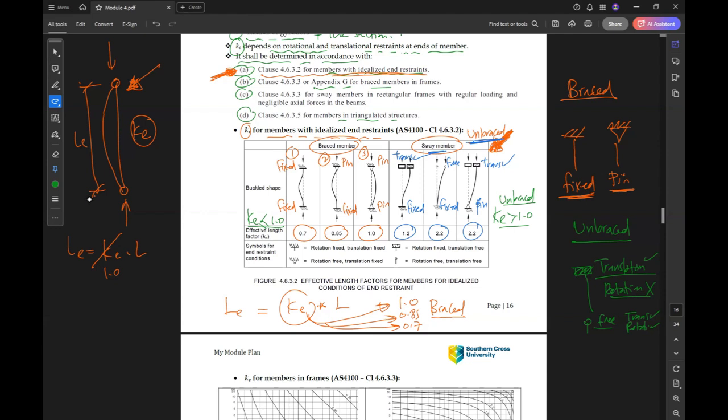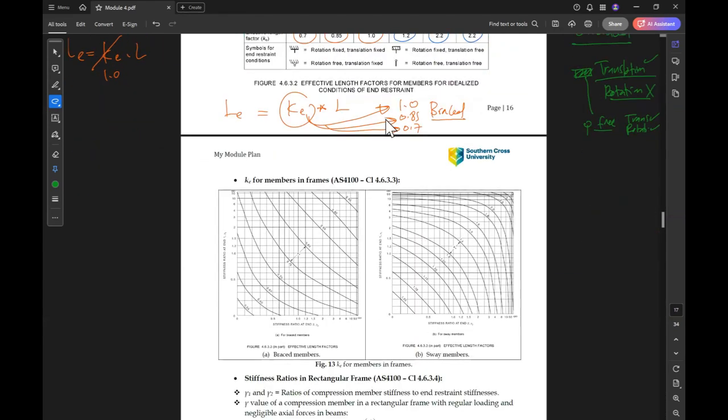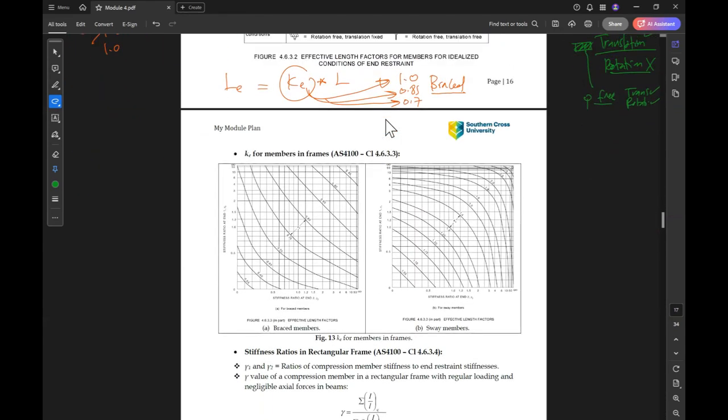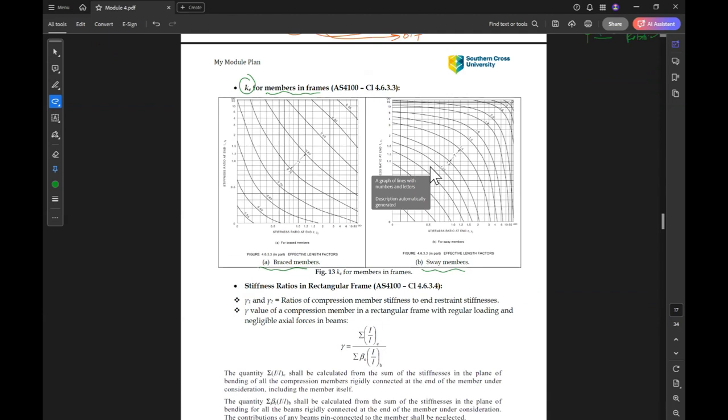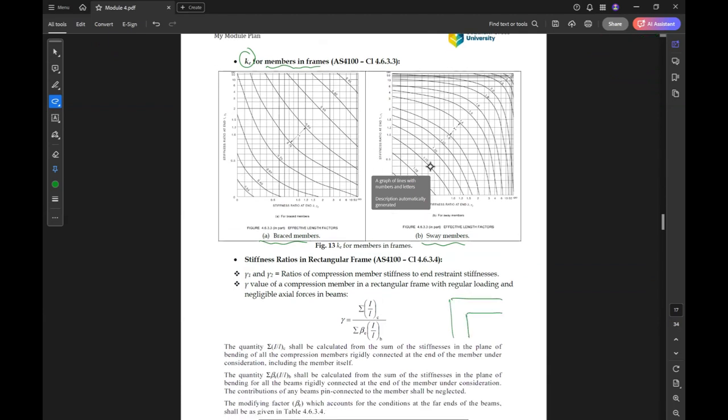Okay, so this is the first method of calculating the effective lengths of columns using the idealized end restraint. Another option is what we did last week or the week before, using these two charts for braced and sway members. Do you remember this one? We have a connection between the rafter or the beam and the column. We have to find gamma equal to summation I over L for column over summation beta effective I over L for beam.